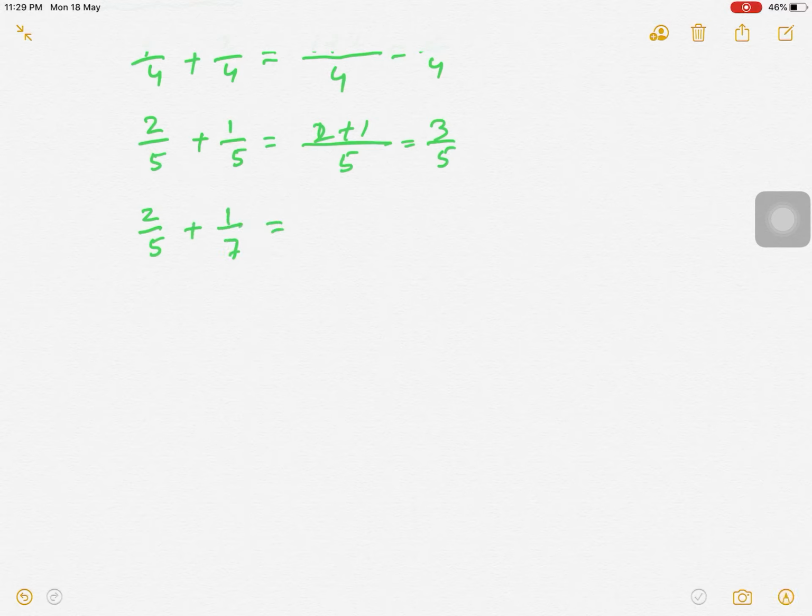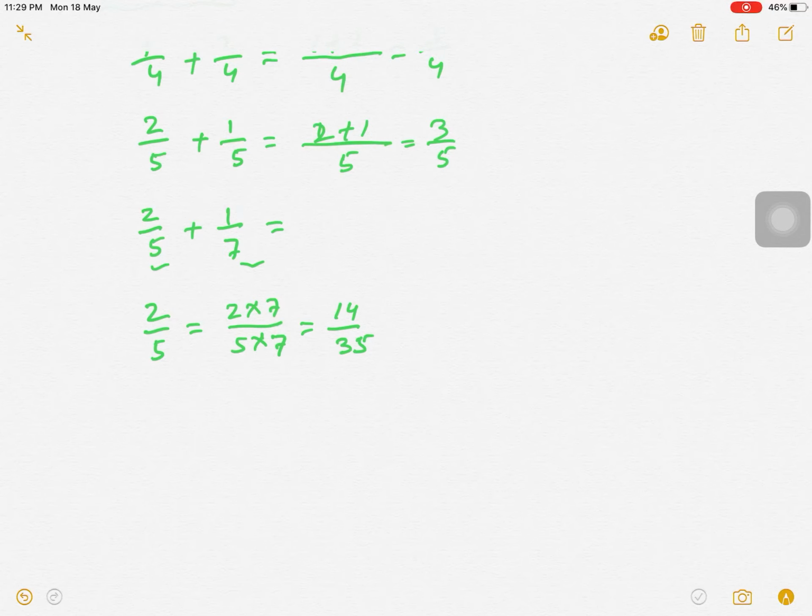Here we have denominators 5 and 7. Here we have to make them like fractions.